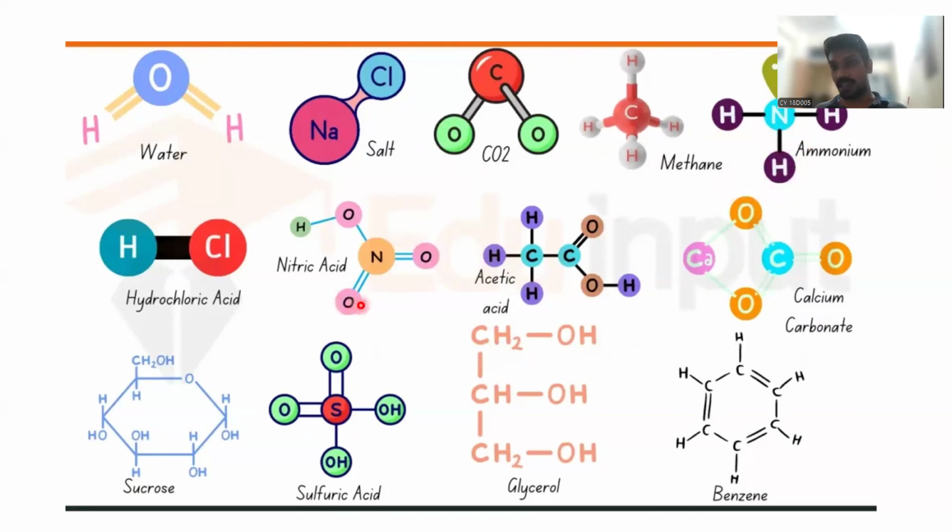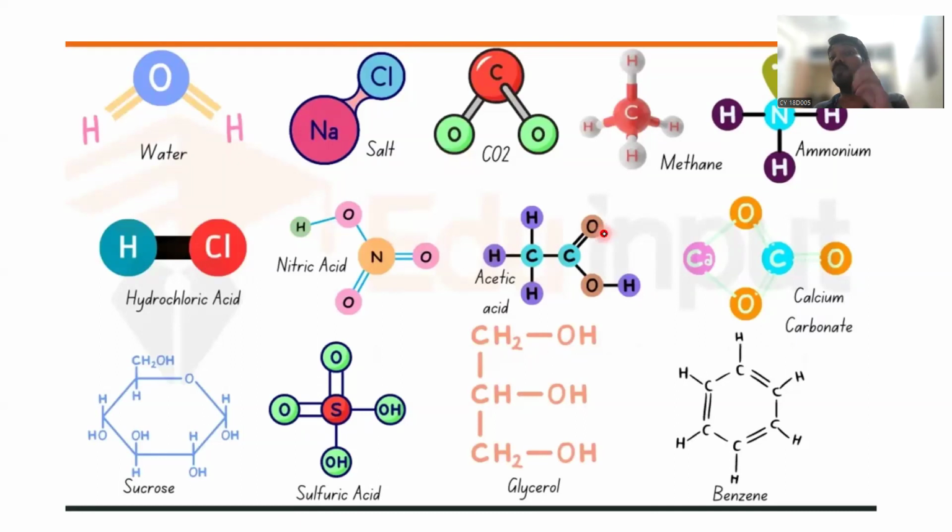Hydrochloric acid, you know this. Nitric acid, acetic acid, which is vinegar, and calcium carbonate, sucrose, sulfuric acid, glycerol. These are chemical compounds, and various other chemical compounds surround us in nature. These compounds result from bond formation between the atoms.